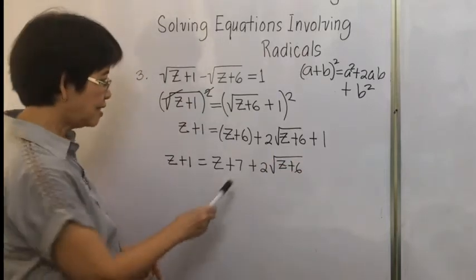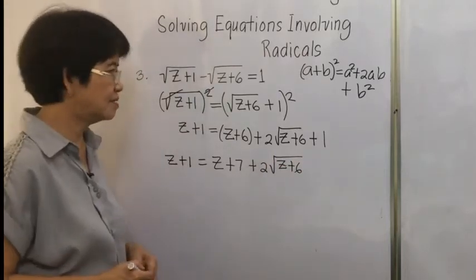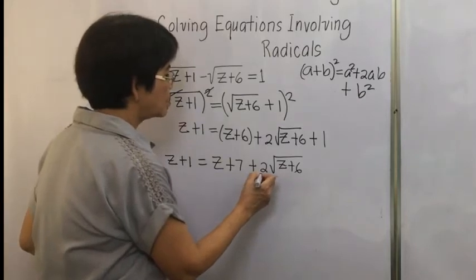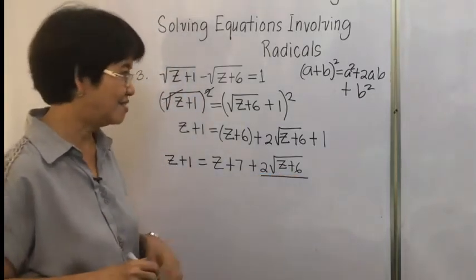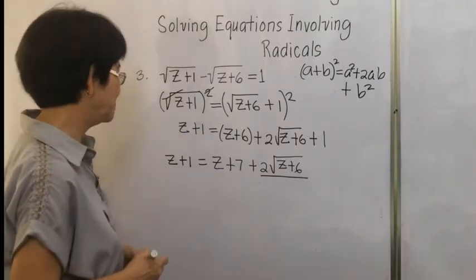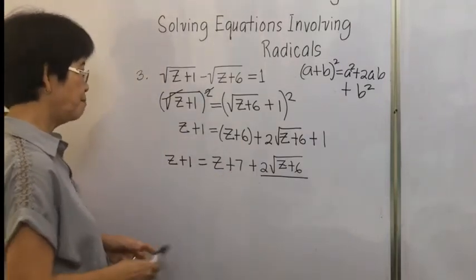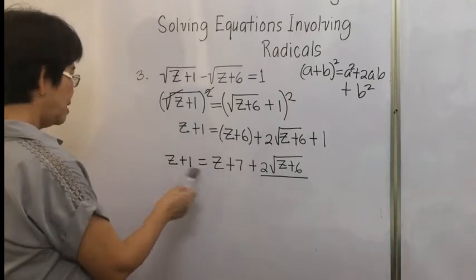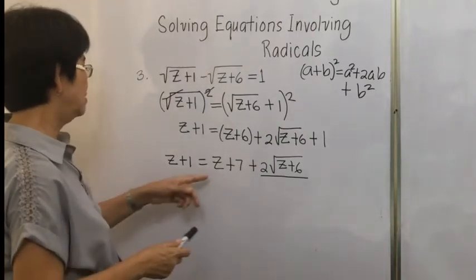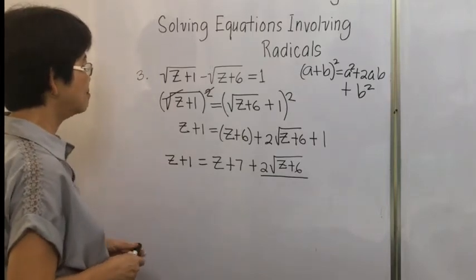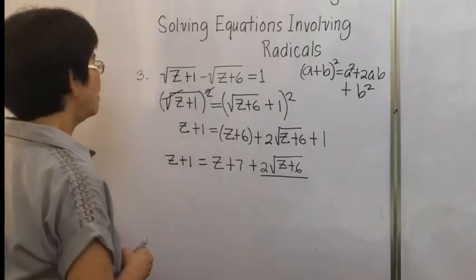We cannot add the 7 and the 2 here because the 2 here is a multiplier of the radical expression. So do not add the 7 and the 2. So we simply add z to both sides of the equation, or subtract z from both sides of the equation.